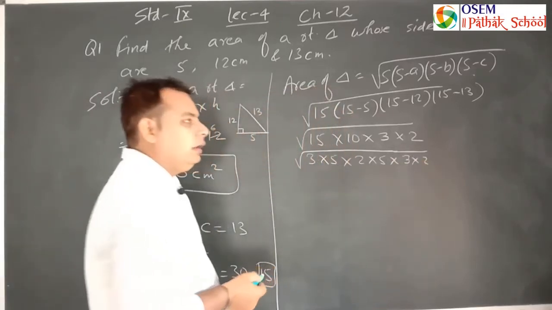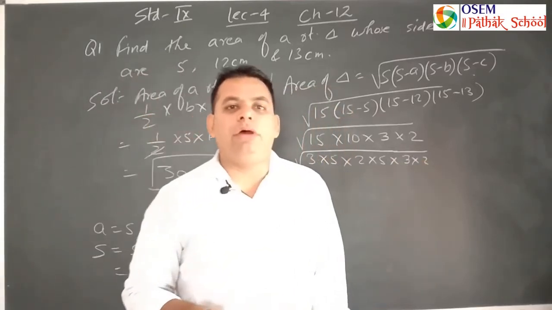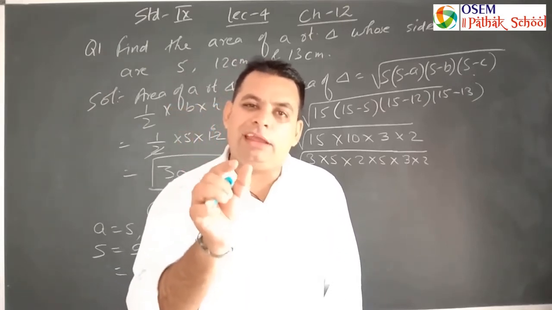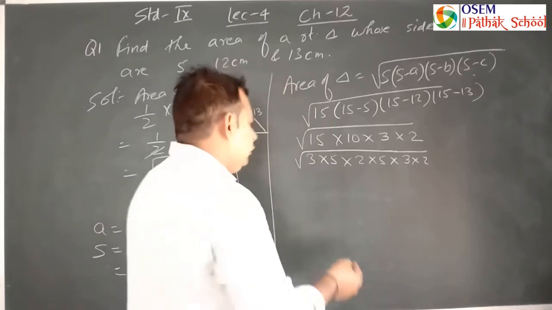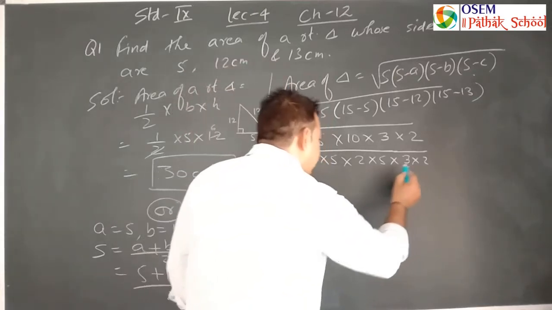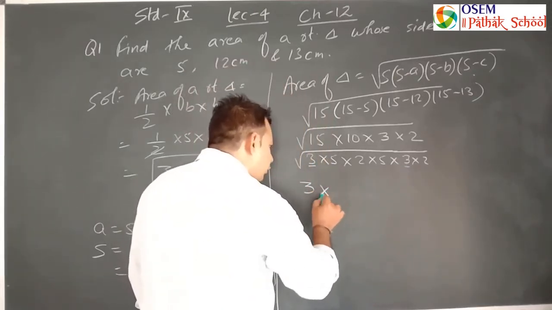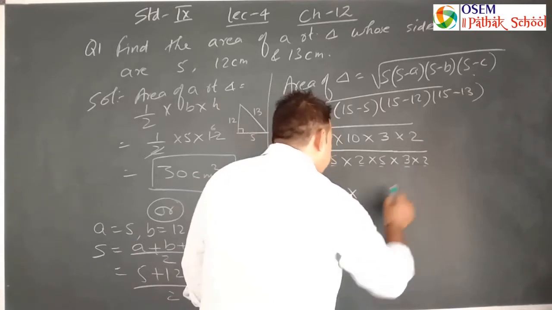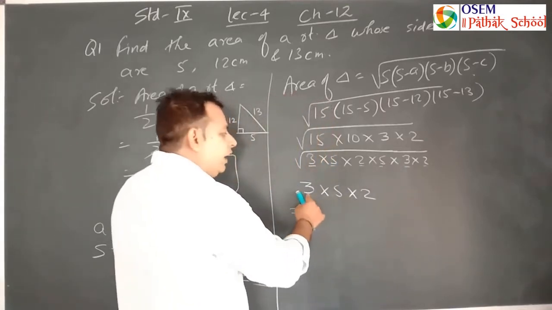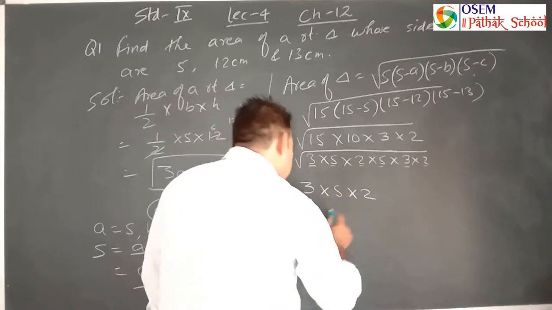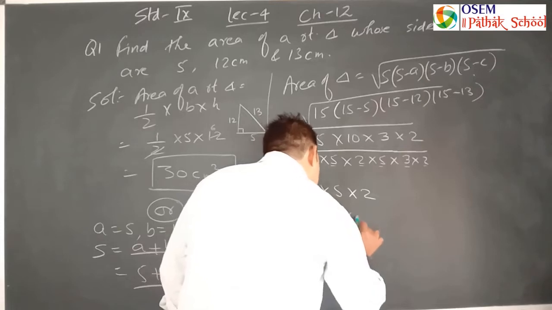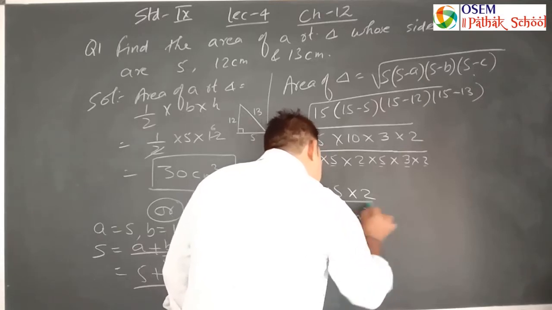Now I have already told you, whenever digits form a pair, then we can take out a single digit outside. Clearly we see 3 and 3 are forming a pair, so 3 out. 5 and 5 forming a pair, 5 out. 2 and 2 are forming a pair, 2 out. 5 3s are 15, 15 2s are 30 centimeter square.